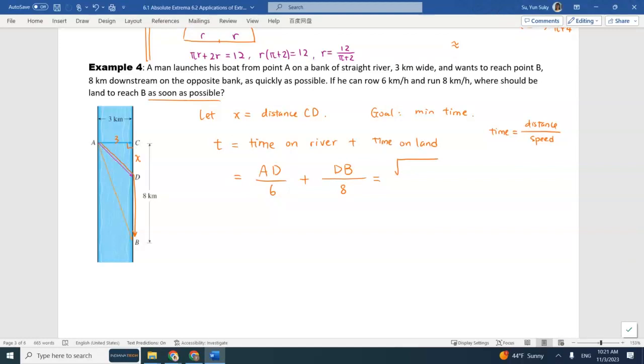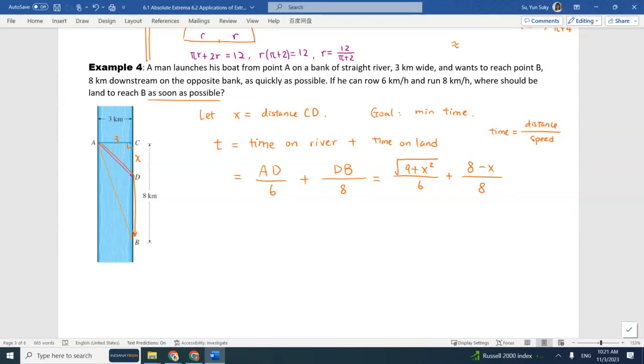So this side, AD, is the square root of 3 squared plus x squared. What's 3 squared? 9. So it's square root of 9 plus x squared over 6. And DB: do you see here the total is 8, and then this is x? What's DB? Yes, 8 minus x over 8. Is that okay, everybody?